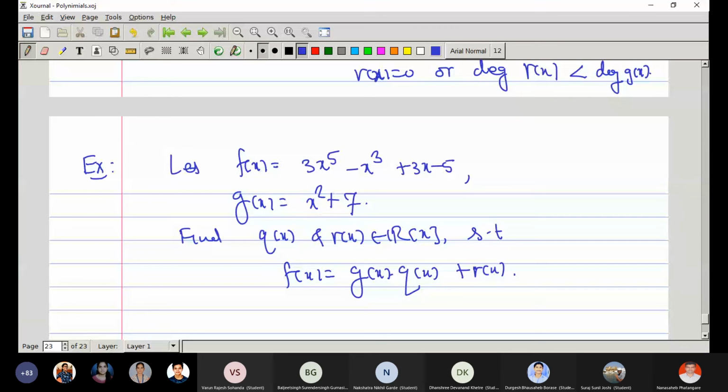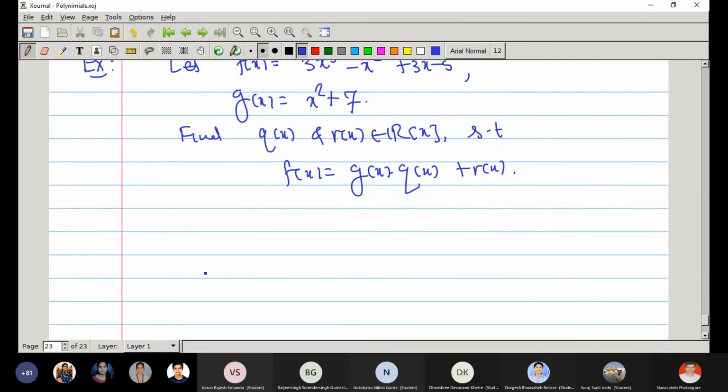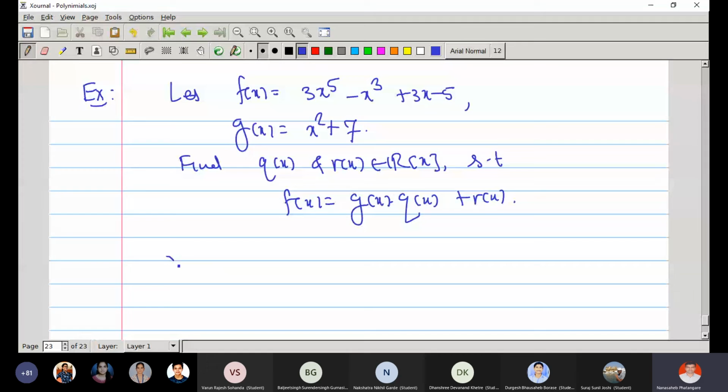So how will you find this? By division, synthetic division or long division, right? You know the division of two polynomials. 3x raised to 5 minus x cube plus 3x minus 5, and here x square plus 7.